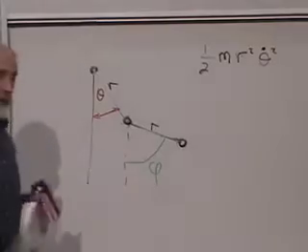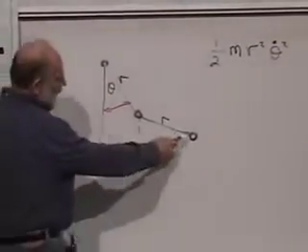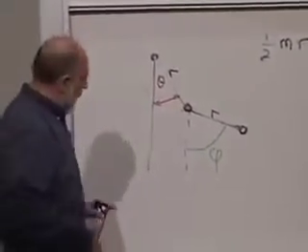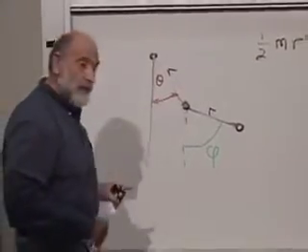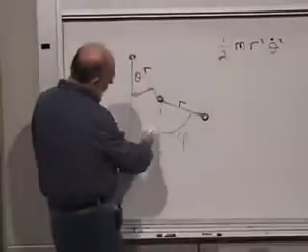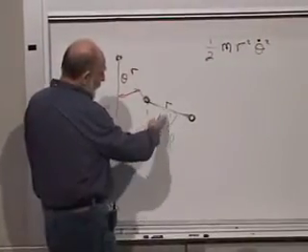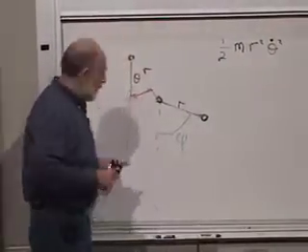But what about the second one? Well, the second one is moving for two reasons. One of them is that the first bob is moving, and if the first bob is moving, even if the angle phi were not changing, the second bob would move.